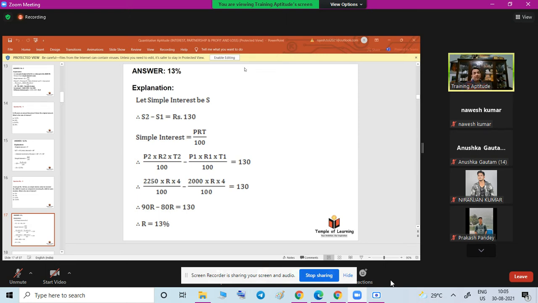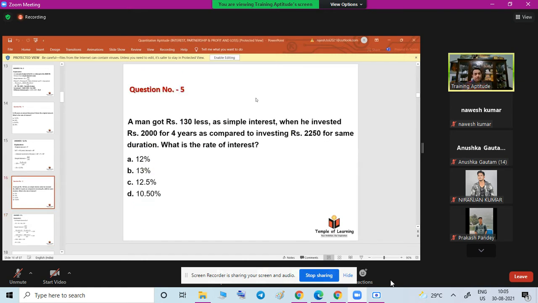Now, this is one way of doing it. I like to do it orally. So, how do we do it? I assume my rate of interest as 1%. So 2000 rupees, 4 years, I earn 80 rupees.